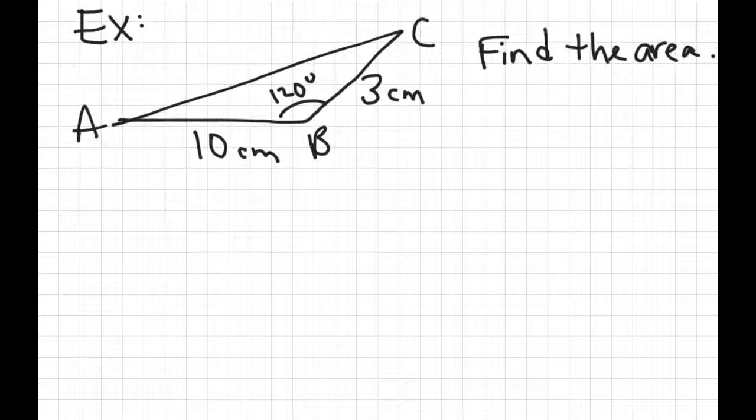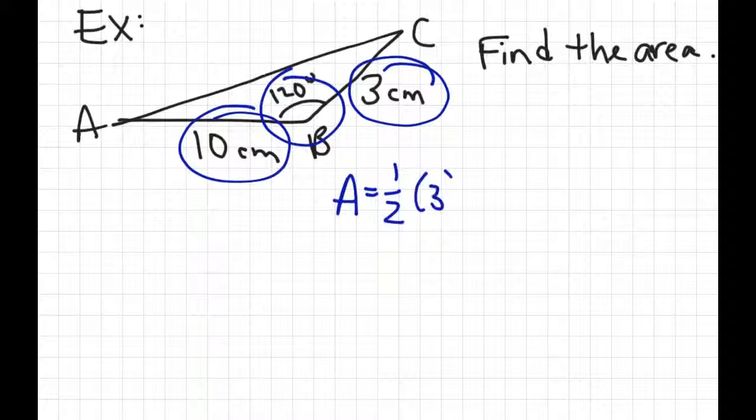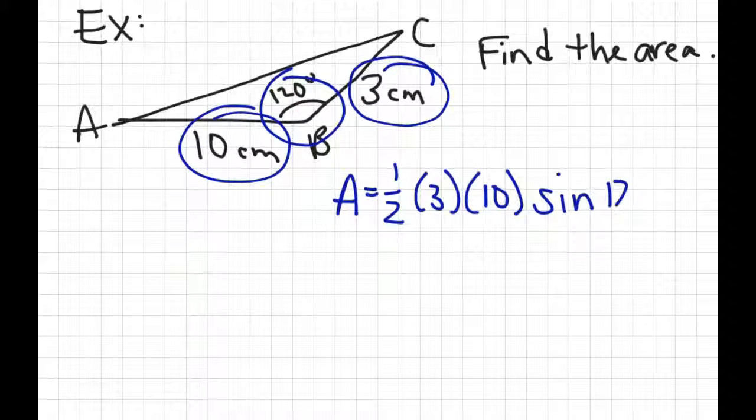Let's find the area of triangle ABC. Now I said in order to find the area using that formula, you need a side, an angle, and a side. As long as you have that, the area is 1/2 the product of the two sides times the sine of the angle between them.